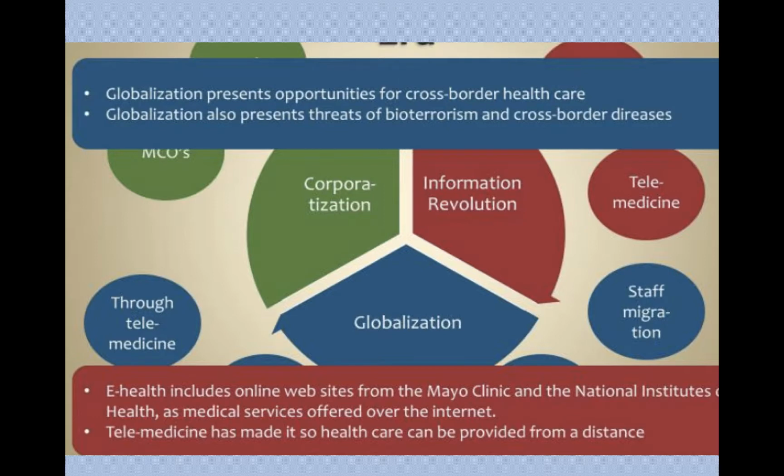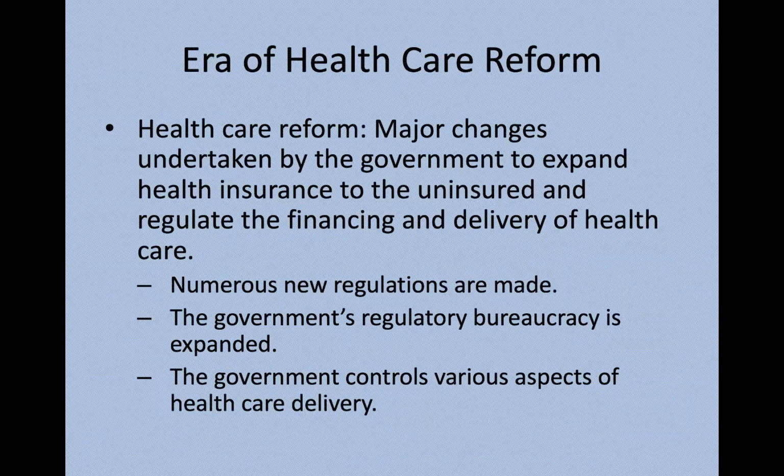Some of those include telemedicine, and those things have been helpful in addressing some of the gaps. We do still have problems with staff immigration and having healthcare in certain areas. But there's an opportunity for us to really start sharing and using technology to address some of these issues.